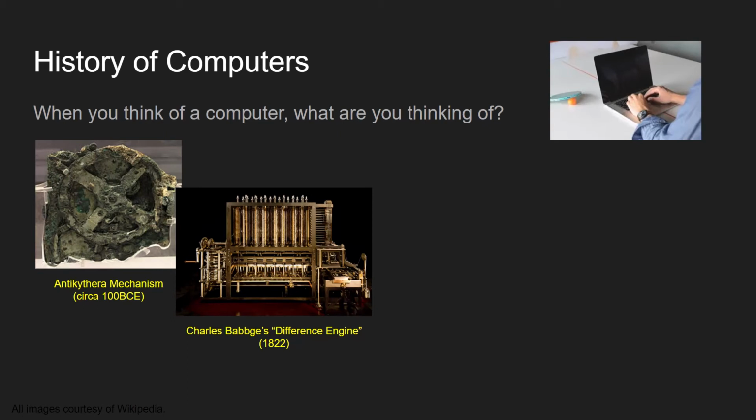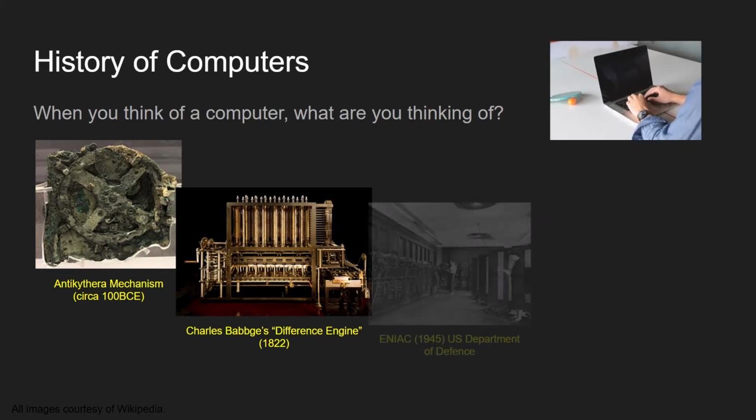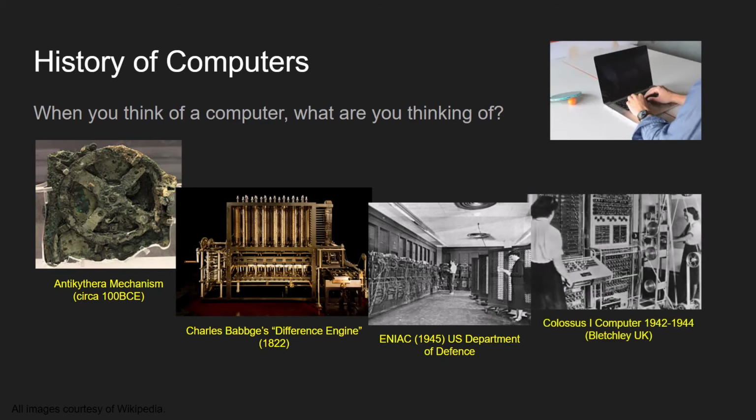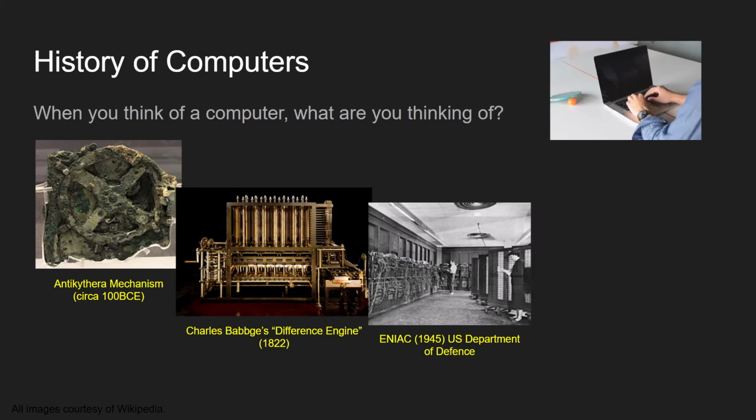Then the next step was going from mechanical systems that worked on base 10 to systems that combined electronics and things. And the ENIAC system used by the US Department of Defense was still a decimal-based computer. It worked on digits 0, 1, 2, 3, 4, 5, 6, 7, 8, 9 in columns of 10. And one of the problems they found in the process was that the differences in voltages needed had to be finely controlled.